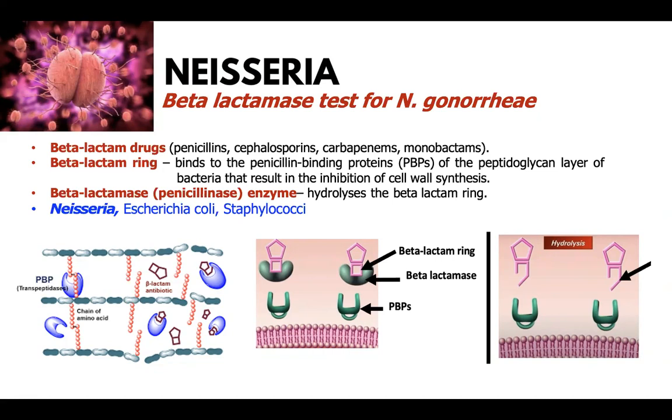Okay? Now, the action of this ring or the drug itself is that the ring, once it enters the body, binds to the penicillin binding proteins or PBP, or also known as the transpeptidases. Naalala pa ba? Okay, so yung PBPs are the transpeptidases na nakikita sa peptidoglycan layer ng mga bakterya.